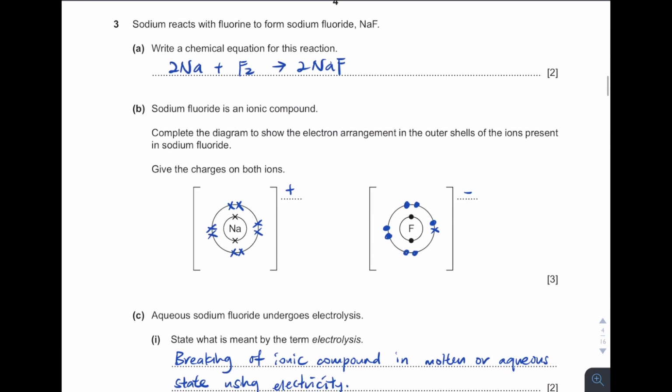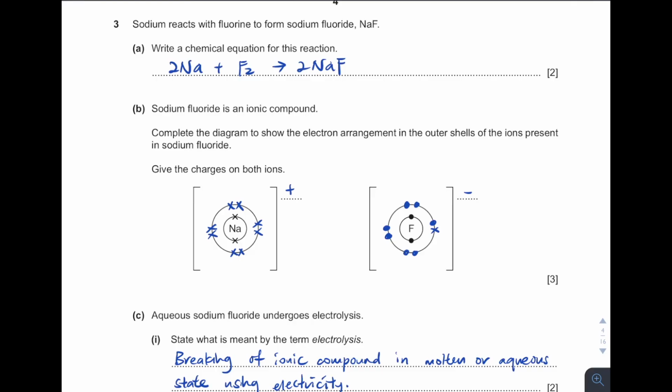Then chemical equation. You see sodium reacts with fluorine to form sodium fluoride. You have to make sure that the equation is a balanced equation. Left hand side 2F, right hand side you have to make sure they are 2. So eventually this is how you balance the equation. Then how do you draw this? You see dot and cross diagrams.